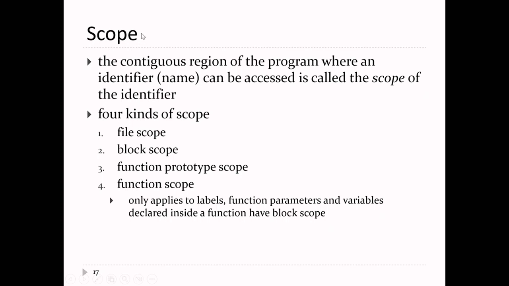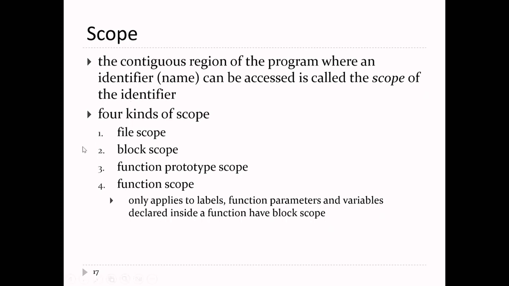So like any other programming language, C has this notion of scope. Scope is just the part of your program where the name is usable. You know about scope from Java and Python. If you have a parameter in a Python function or in a Java method, the scope of the parameter is the body of the function or method.